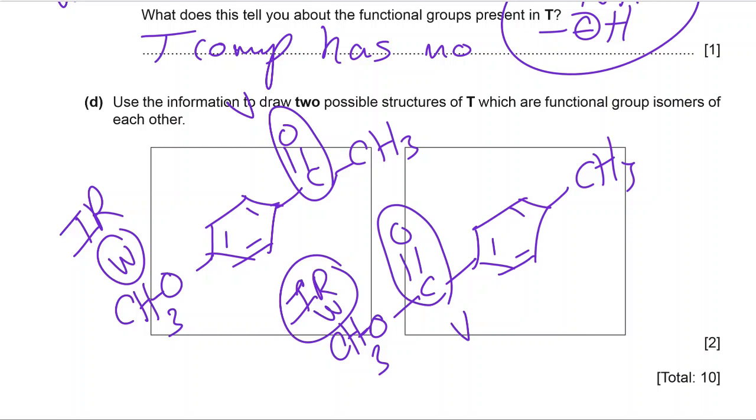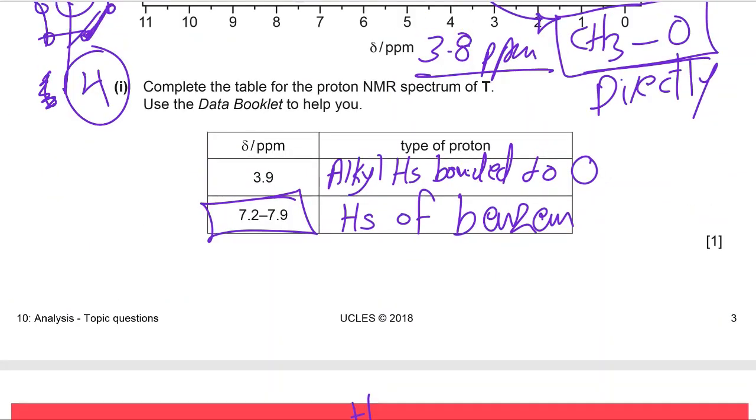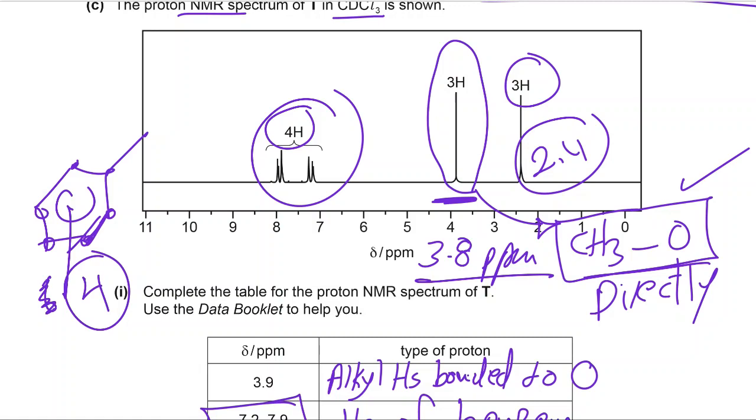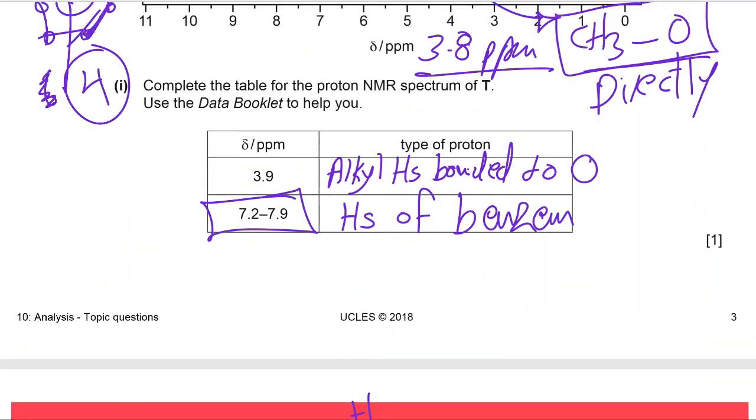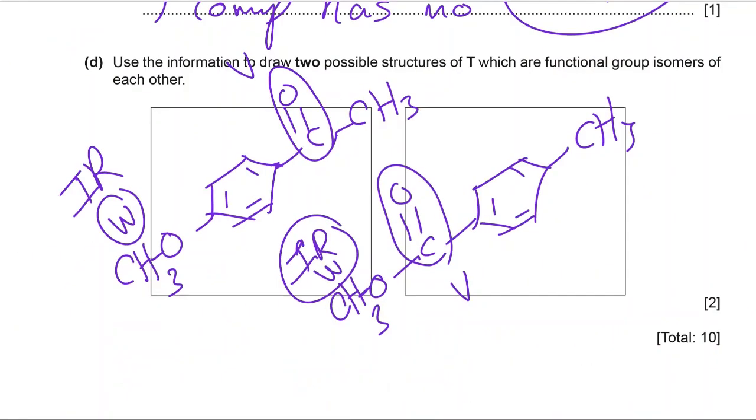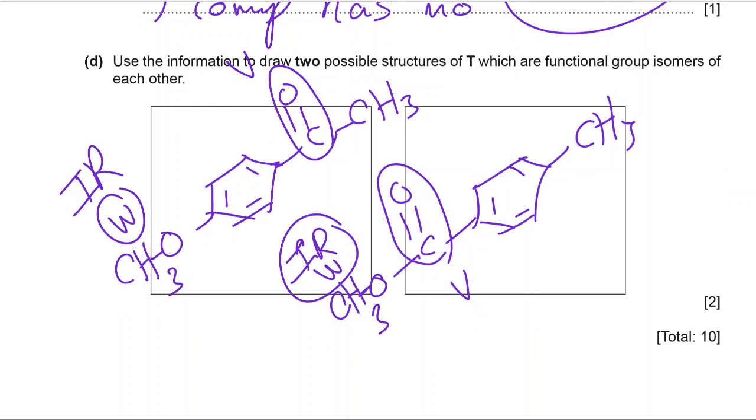Then in the NMR spectroscopy, sorry for that, the peak which is CH3 bonded to the oxygen is at 3.8, this one, or this one.